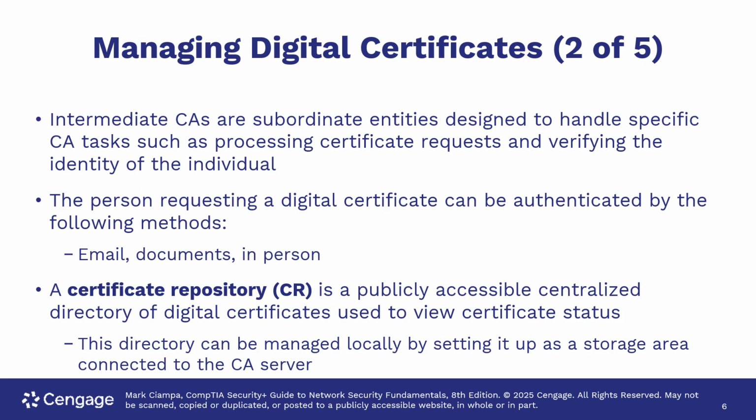Okay. Intermediate CAs then are subordinate entities designed to handle specific CA tasks, such as processing certificate requests and verifying the identity of an individual. The person requesting that digital certificate then can be authenticated by the following methods: email, documents, or in person.